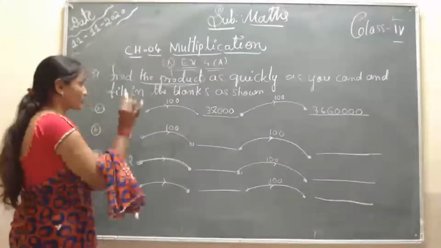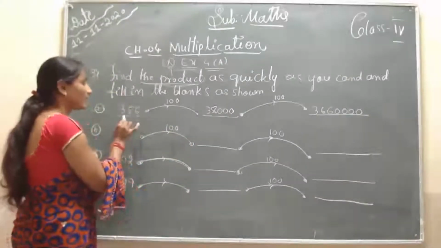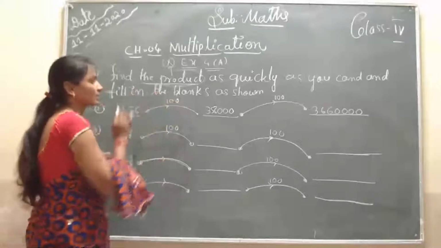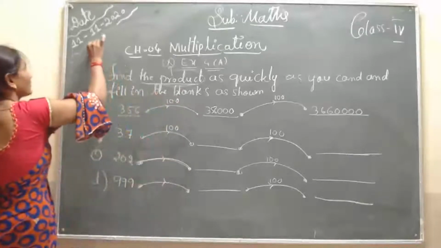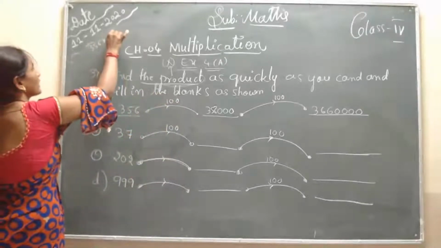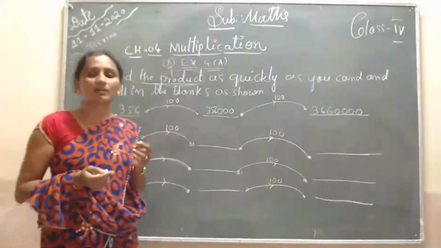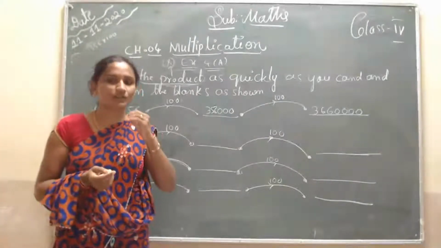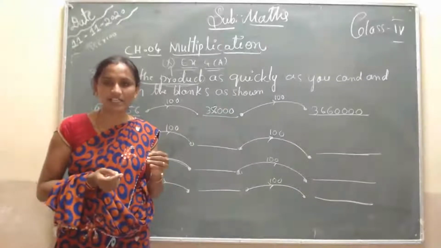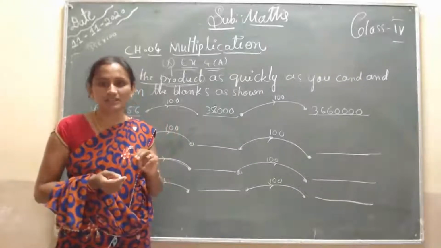So first you have to multiply 356 into 100. You use the common method of multiplication, because the two numbers are 3 digits.